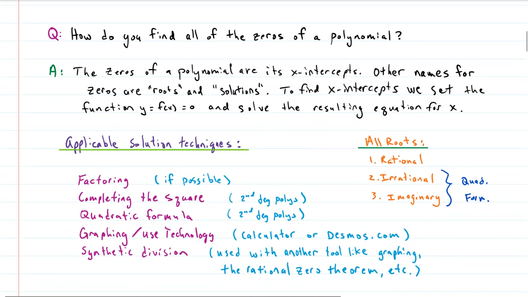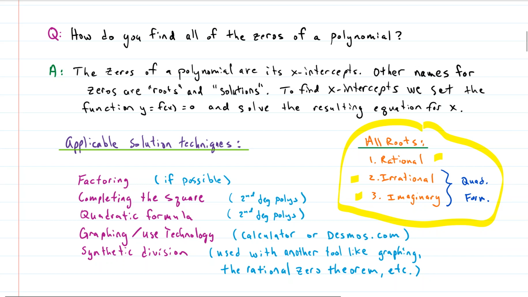All right, so how do you find all of the zeros of a polynomial? And by the way, when we say all of the zeros, we really mean all of them. So you could have rational ones, irrational ones, and imaginary ones. The irrational and the imaginary are often found using the quadratic formula.